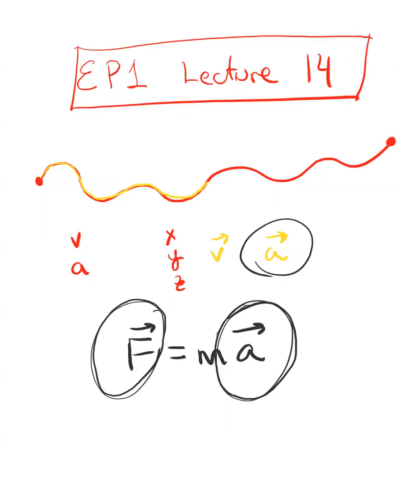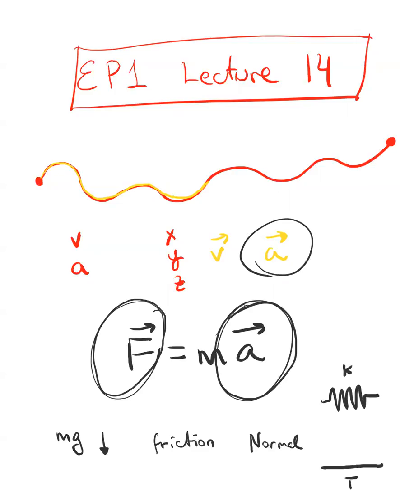We also looked at some simple forces. There was the force of gravity, mg. We had friction force, normal force, and force due to a spring and a rope, so-called tension force and the spring force.